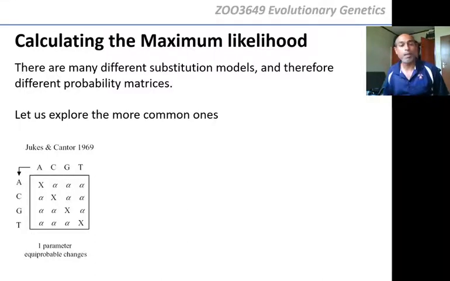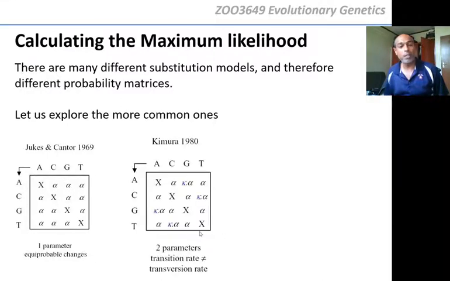It's the same. Whereas Kimura's two-parameter model, as I told you, takes transitions and transversions into account. So where are the transitions? Here we go. From A to G, you are going from purine to purine, and therefore you have just an alpha. Whenever you're going from purine to purine or pyrimidine to pyrimidine, like C to T, for example, you still have one rate. That's the transition rate. However, when you're going from purine to pyrimidine, or from pyrimidine to purine, then you have a different rate.